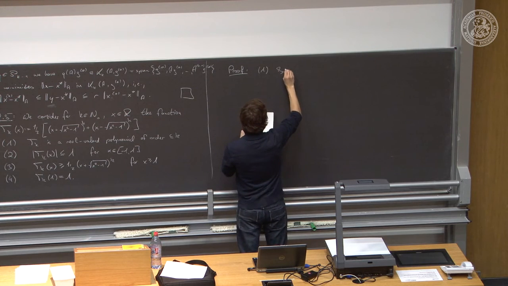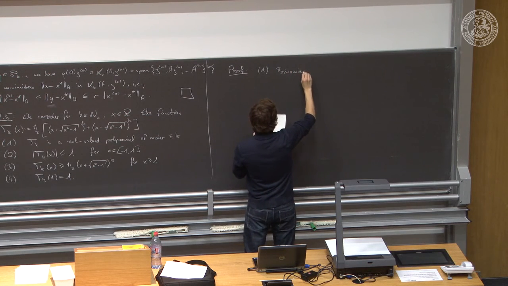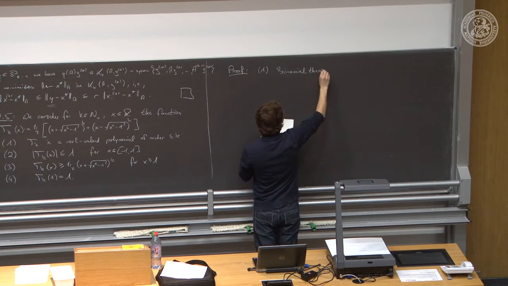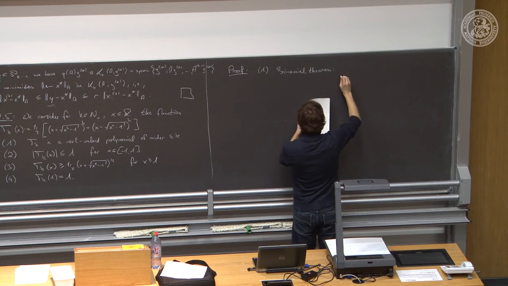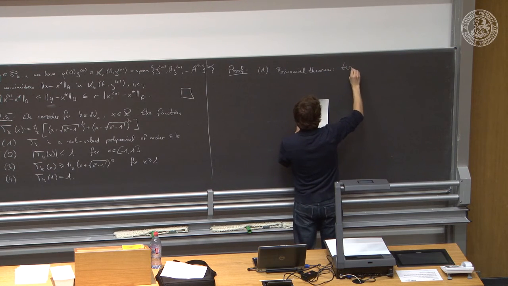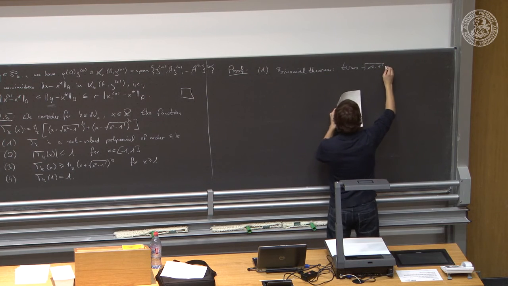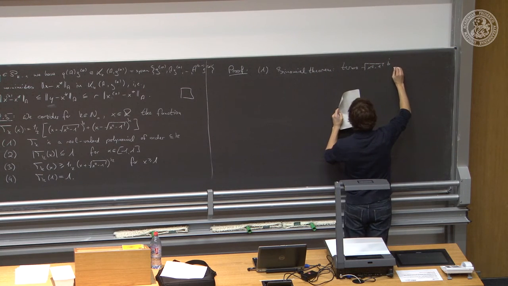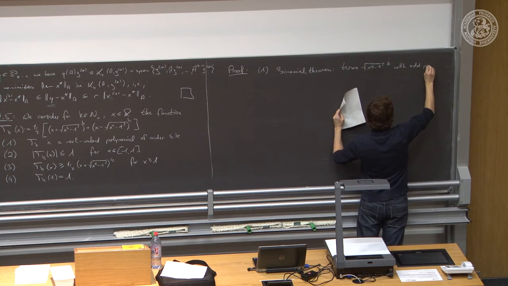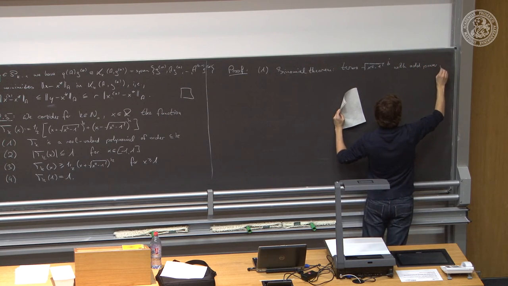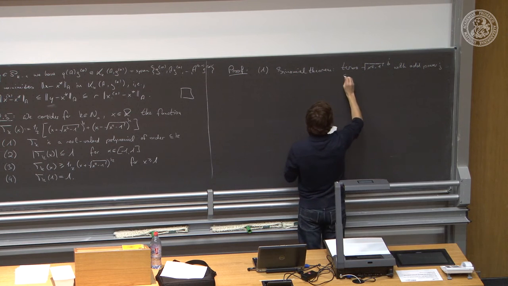So indeed, by the binomial theorem, the terms with the square root of x squared minus 1 to some power j with odd power j cancel.